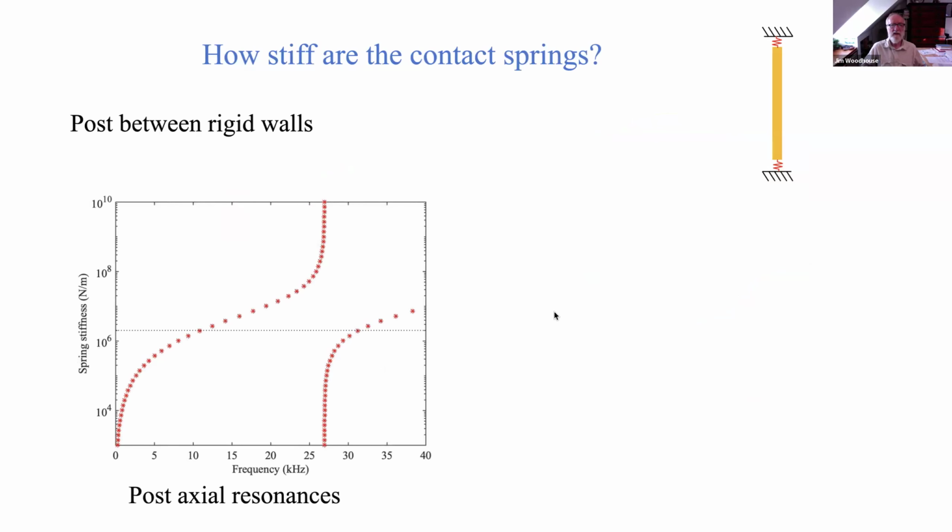How stiff? Well, here's one way to think about that, although after I've talked through these slides, I'll say, actually, this doesn't matter very much. If you think of putting the post not in an instrument, but between the jaws of a metal vise, so it's essentially rigid, then if we just think about the axial stuff, well, the post has axial resonances, and then it's supported between these hard surfaces by these two contact springs.